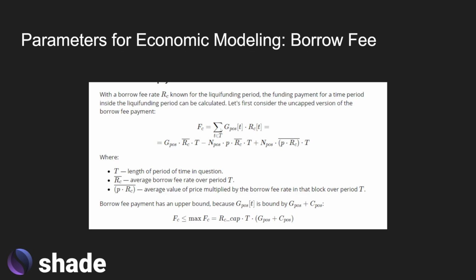You'd multiply the total collateral locked in a counter trade, which is represented by this GPOS variable, the size of the collateral locked up on the counter side of your trade. Summarize all those at a given time, and multiply that by the borrow fee rate.